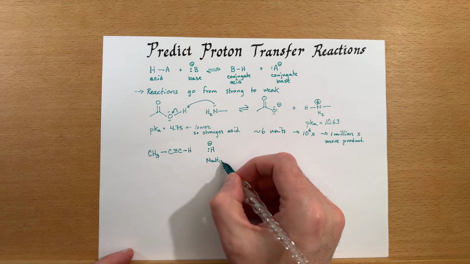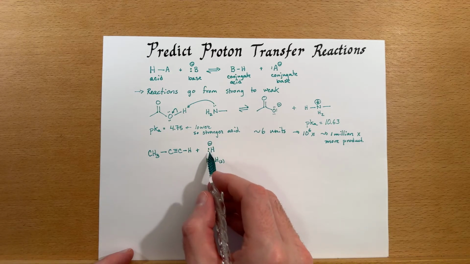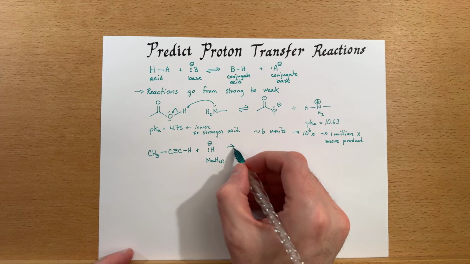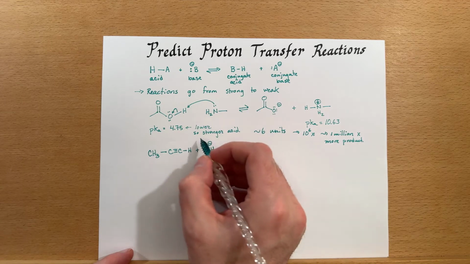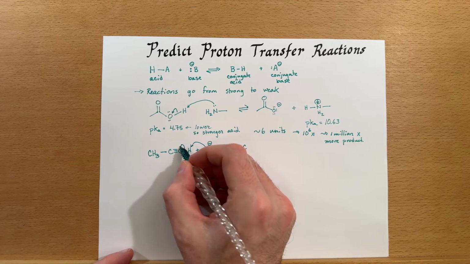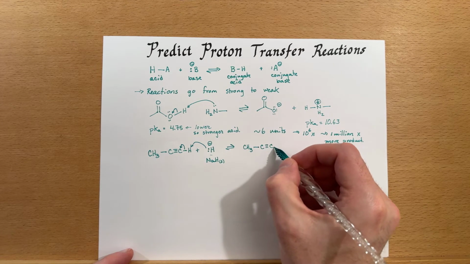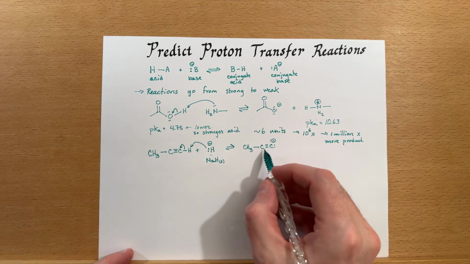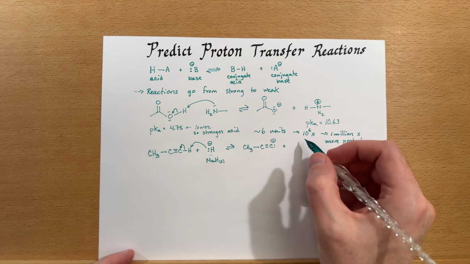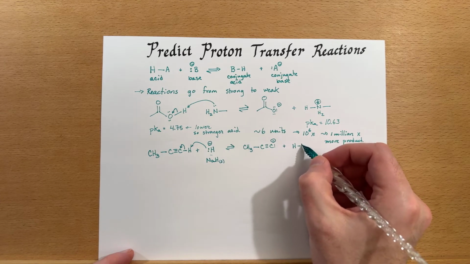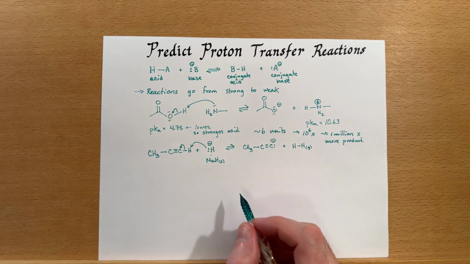This is a solid, and when we combine these two together, there's an H negative, and then we will make the deprotonated alkyne. And then we'll also make hydrogen, which will be a gas at normal laboratory temperatures.